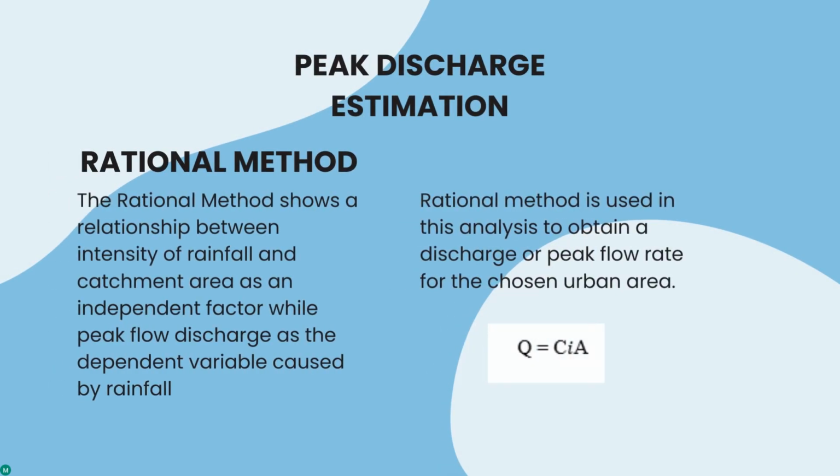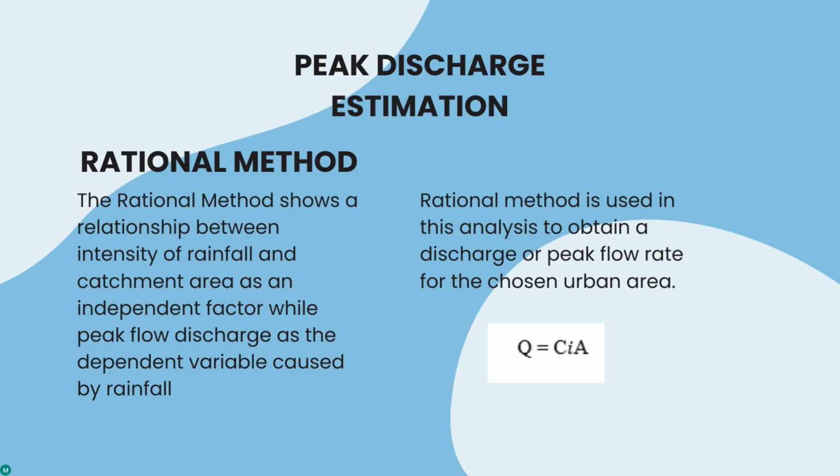Next is peak discharge estimation. We use the rational method to calculate peak discharge. The rational method shows a relationship between rainfall intensity and catchment area as independent factors, while peak flow discharge is the dependent variable caused by rainfall.